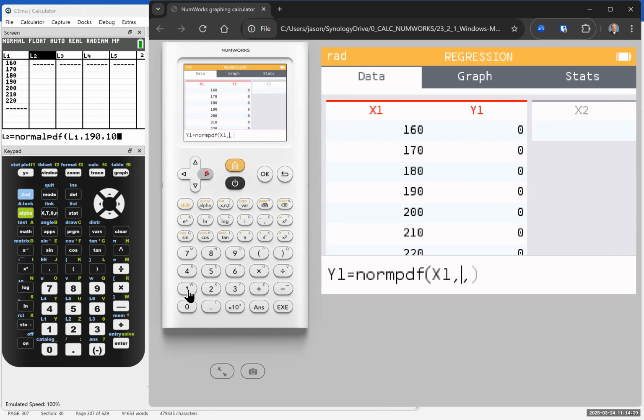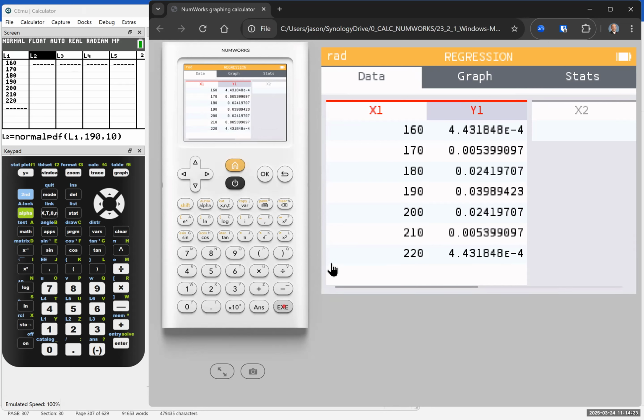Okay, and then the next value should be the mean of the normal distribution. And then the next value should be the standard deviation. Now let's see if it gives me the same error. No, it liked it. So I could do this on the NumWorks calculator, but I could not do it on the Texas Instruments calculator.